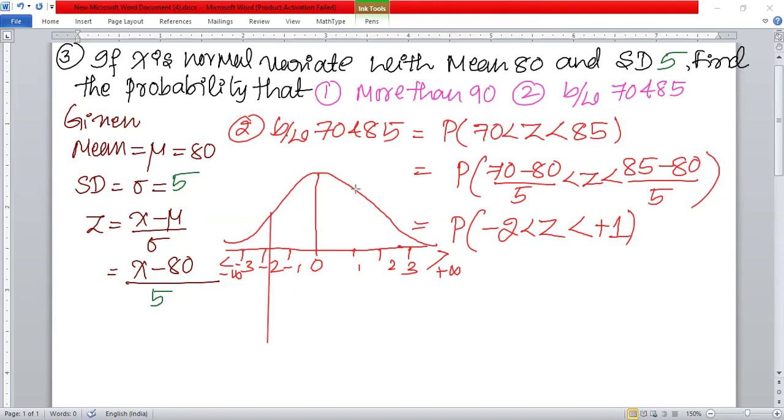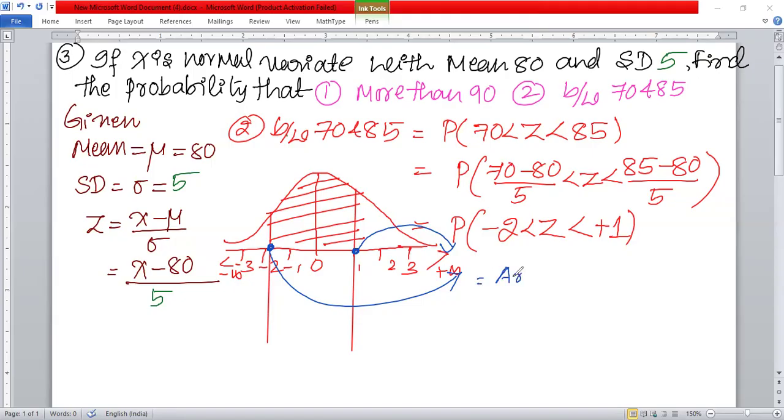Then plus 1. So this is the shaded area we need to find.